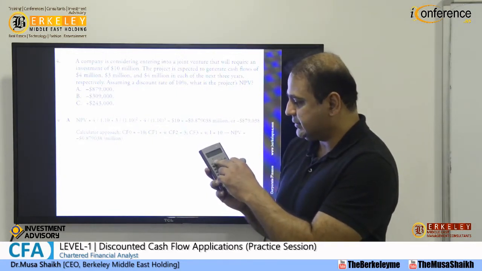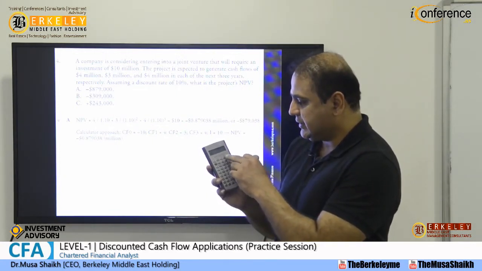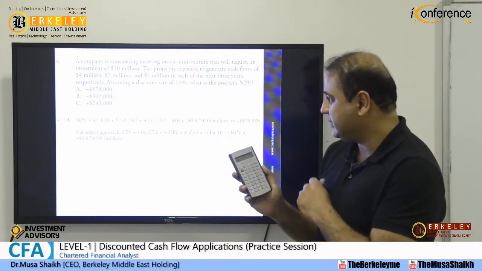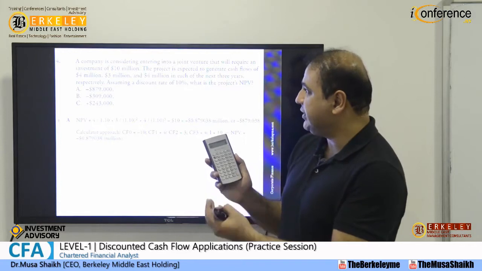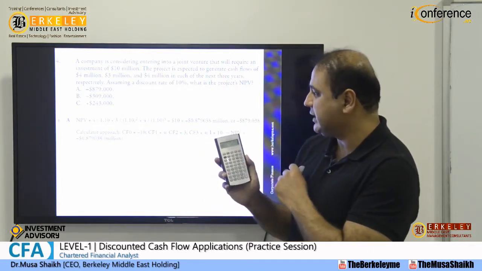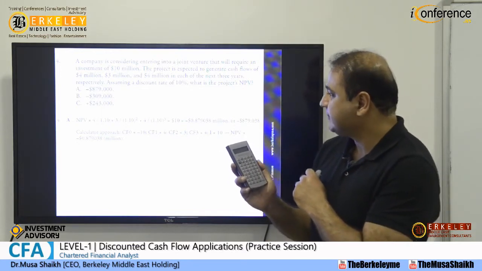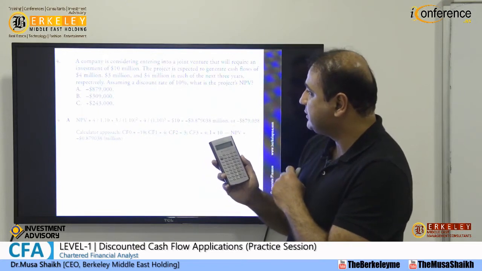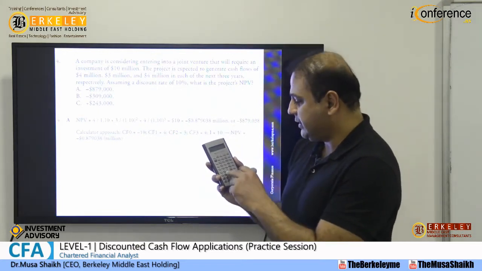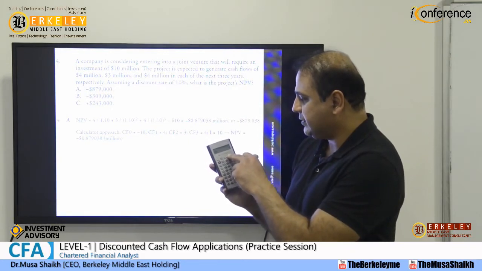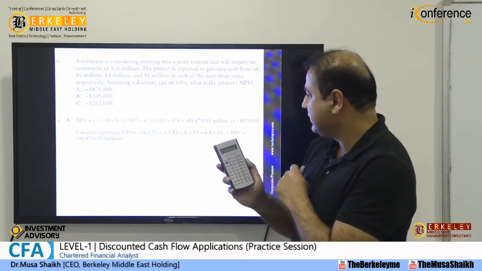Then I press the arrow sign 2 times, then I can put CF2, that is 3 million, 3, enter. I press the arrow sign 2 times, and then it will be CF3, which is 4 million, enter, then I press the arrow 2 times.